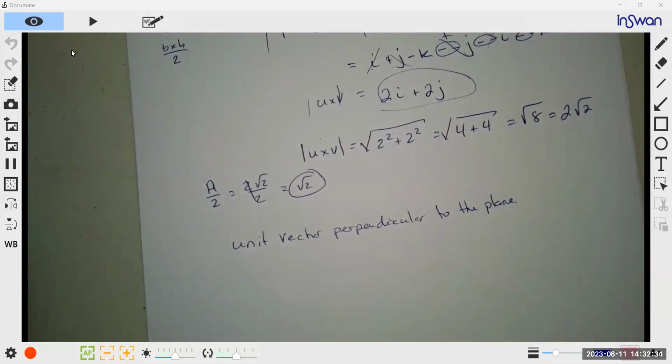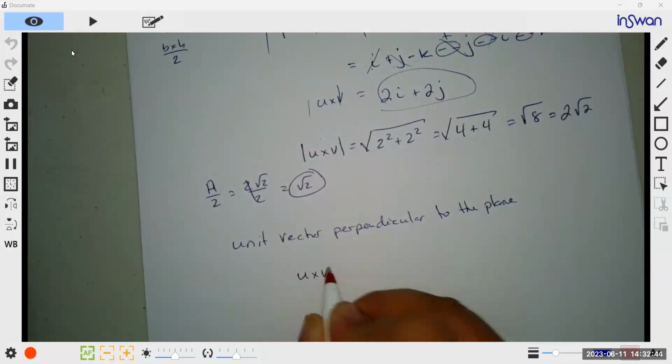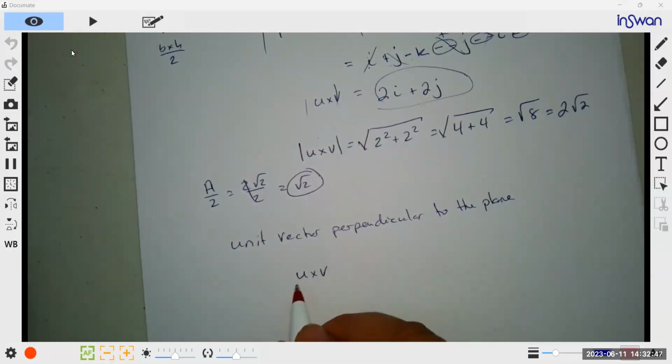That's going to be U cross V over our magnitude.